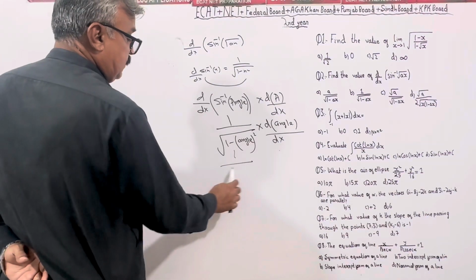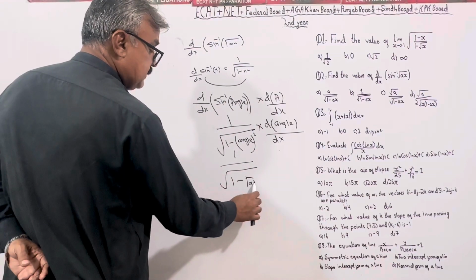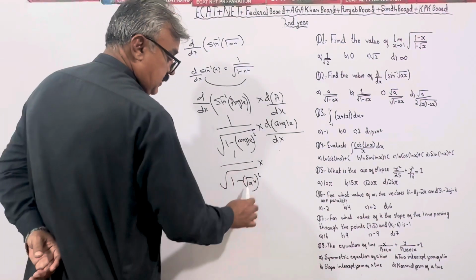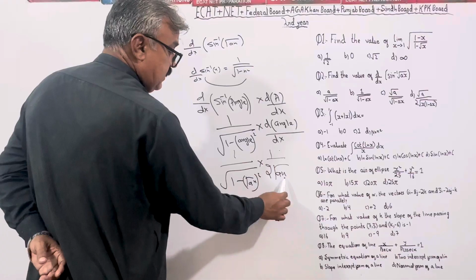1 minus, what is our angle? Root ax squared. And then differentiate root ax. Differentiation of root ax is 1 upon 2 times root ax.